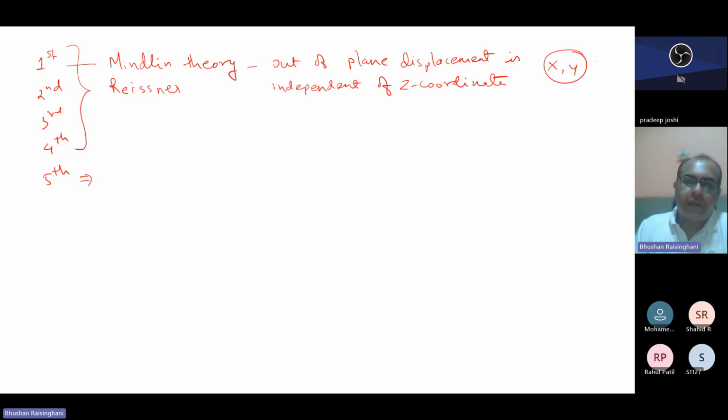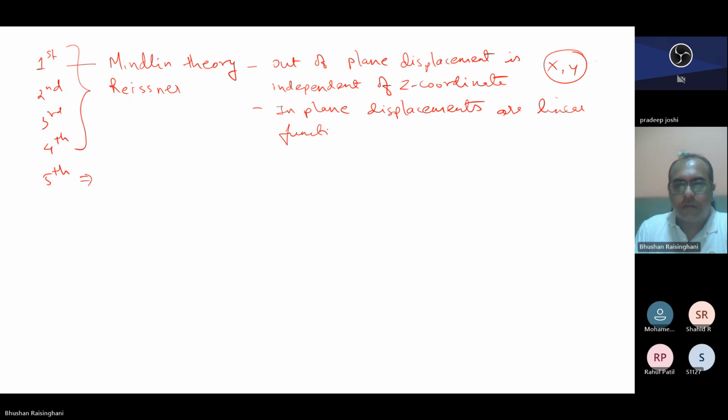This is the basic assumption we also deal with in our thin shells and slabs. In-plane displacements are linear functions of the thickness coordinate. So one is out of plane, one is in plane. The material is linear elastic, with perfect bonding between fiber and the matrix.